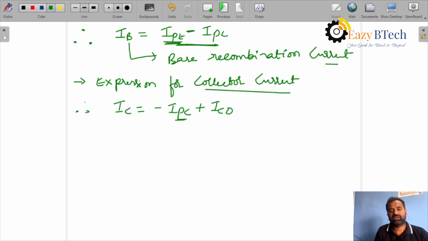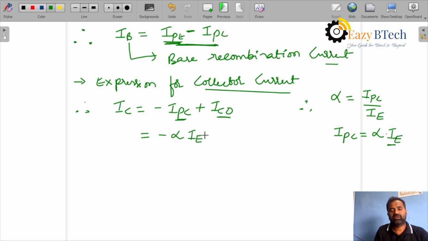It is a minority current across the collector junction. And we know that alpha is equal to IPC by IE. Now if you write this, IPC is equal to alpha into IE, so IC is equal to minus alpha into IE plus IC naught.